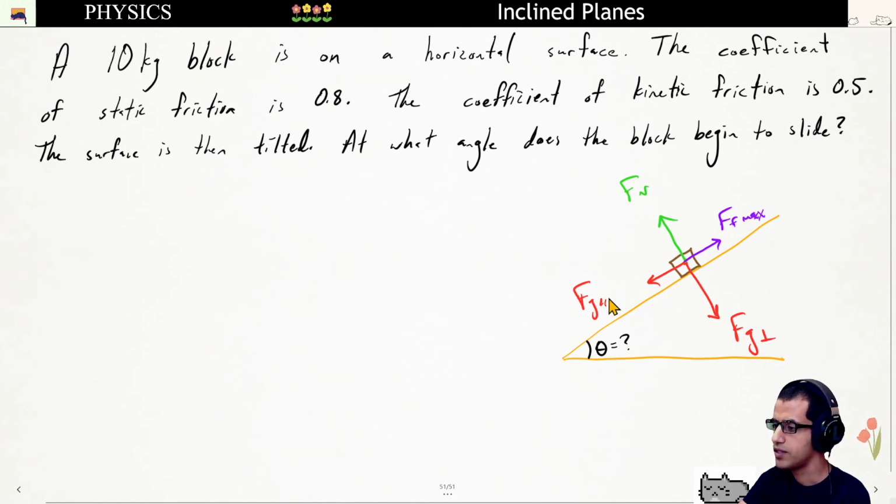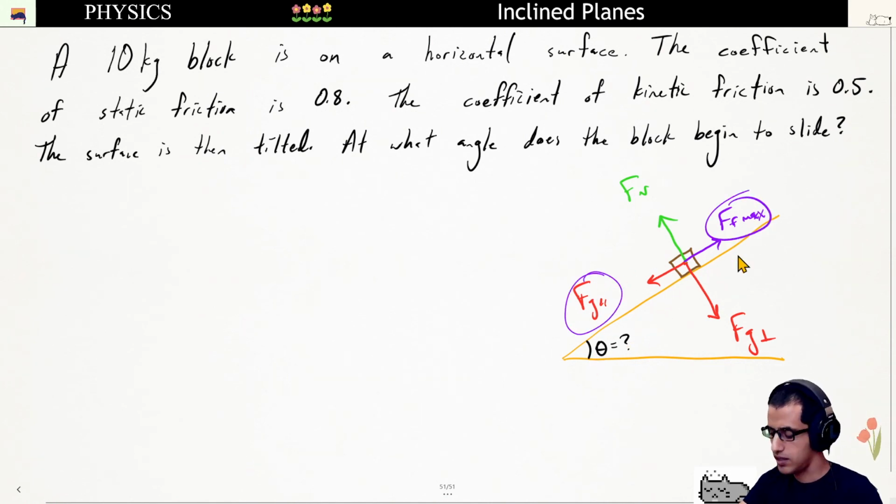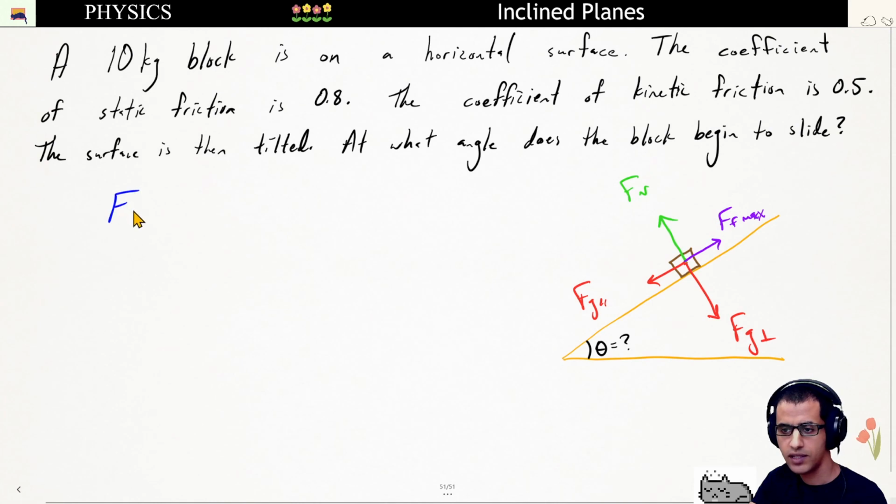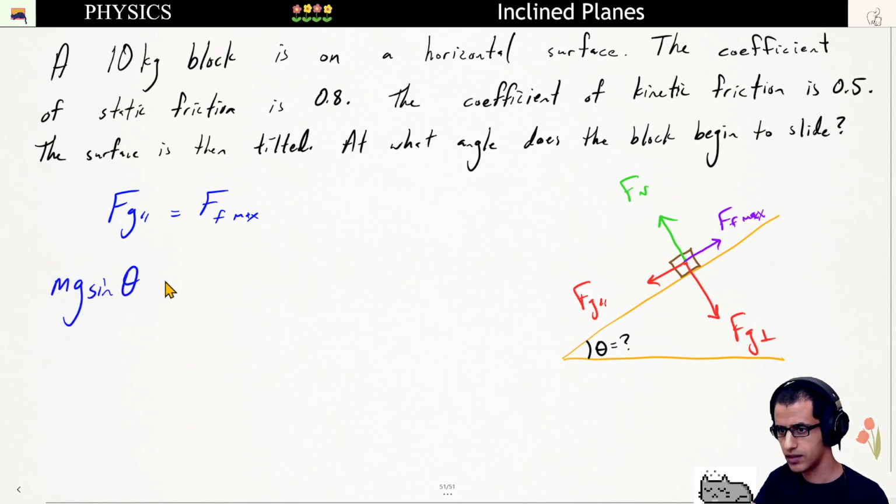So to solve for this angle, we're just setting this and this equal to each other. We want Fg parallel to be equal to the force of friction max. So we know Fg parallel is equal to mg sine theta. Force of friction max is equal to mu static times normal force.